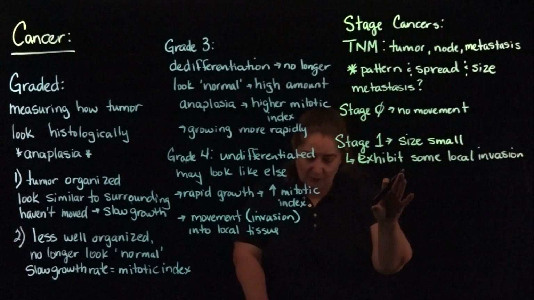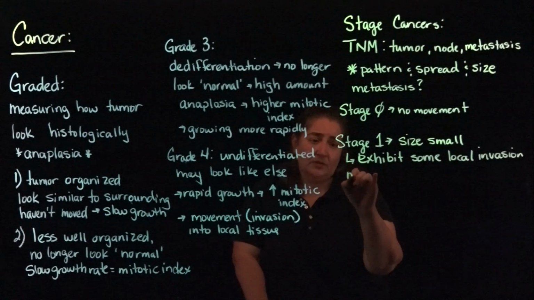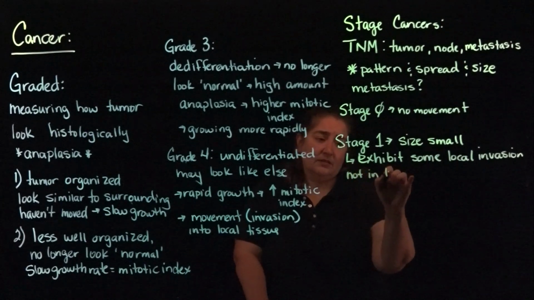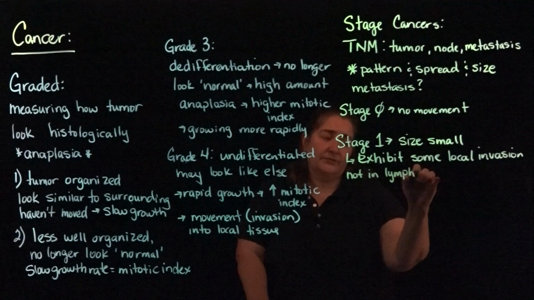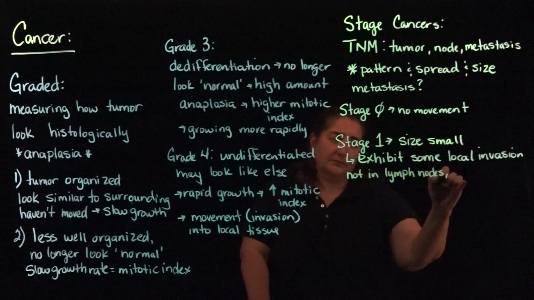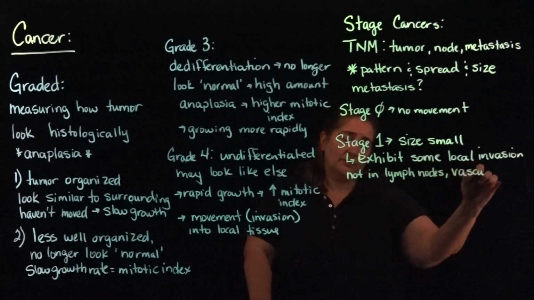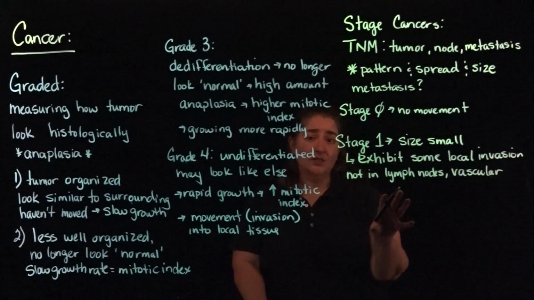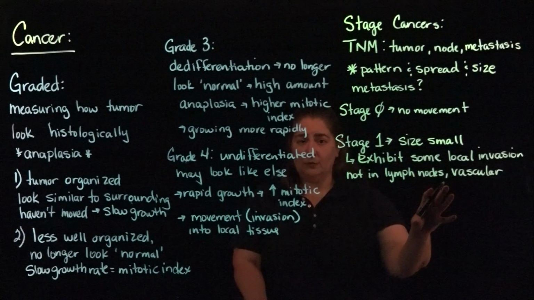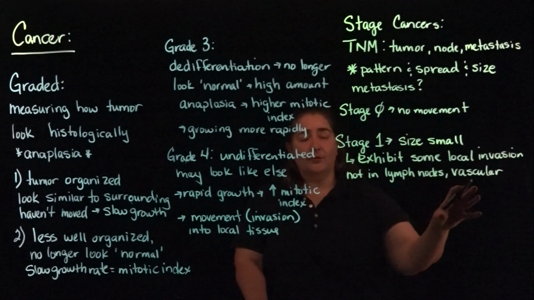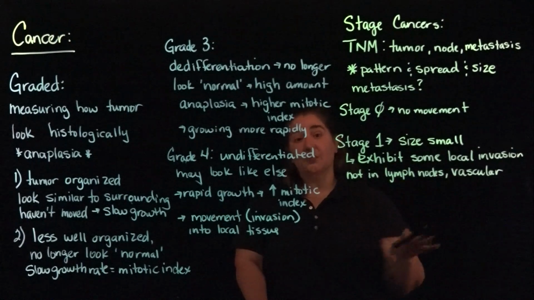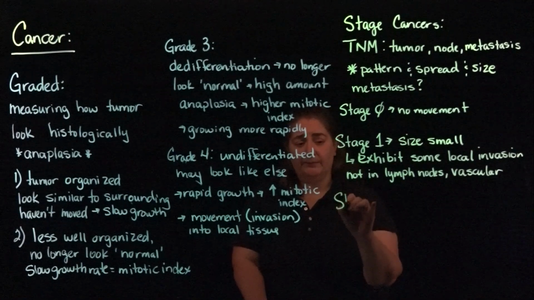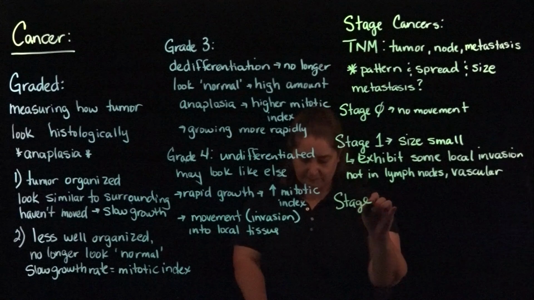But it hasn't broken into the lymph nodes or the vascular system, okay? So if we're talking about a breast tumor, it may have moved into some of the local breast tissue, but it hasn't reached a lymph node or a blood vessel to spread to another part of the body, okay?